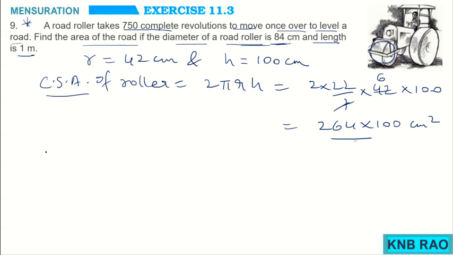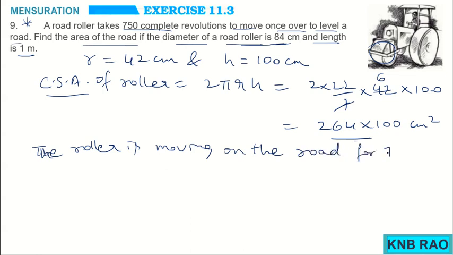where the roller is moving on the road for 750 times to level it.